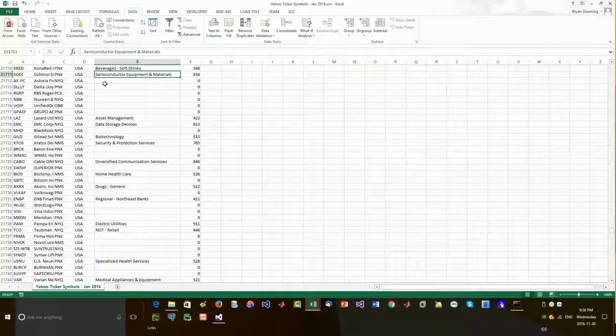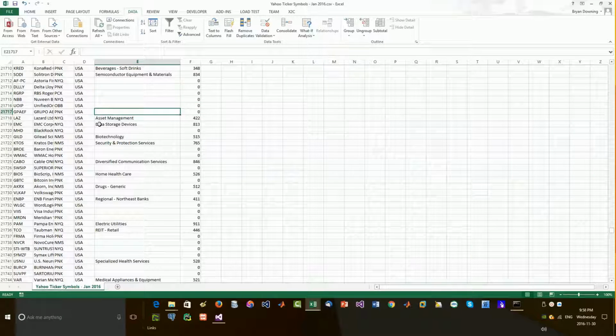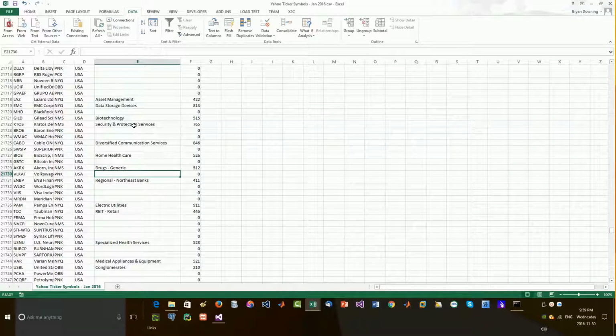Out of that, you'll notice that some of these stocks are not classified. Usually those are smaller companies that are not properly classified for whatever reason. But at the end of the day, what we're after is the companies that are classified.